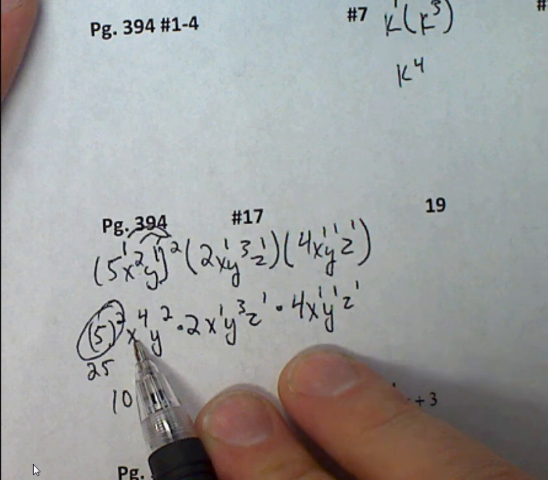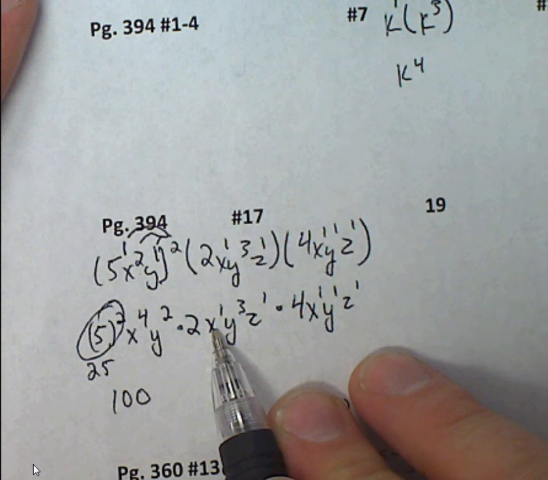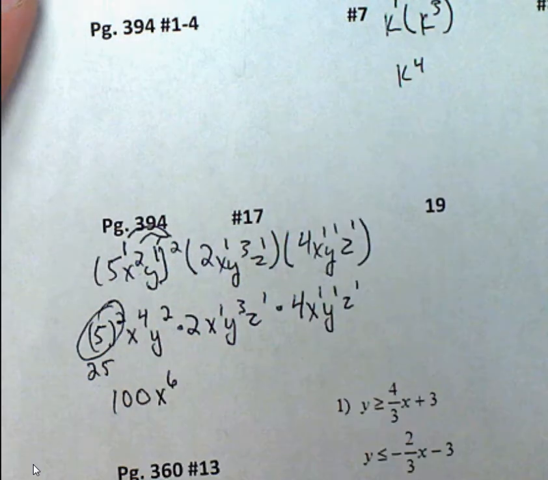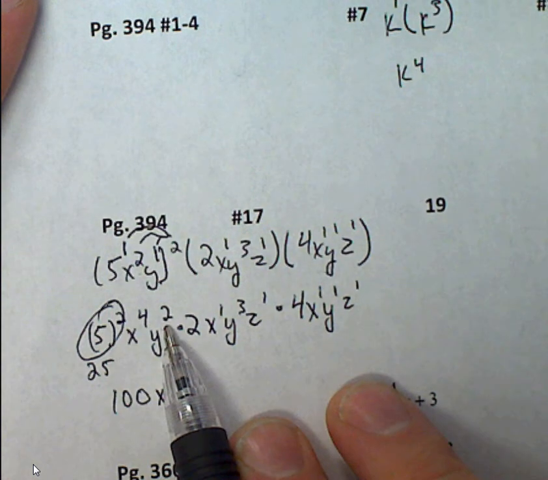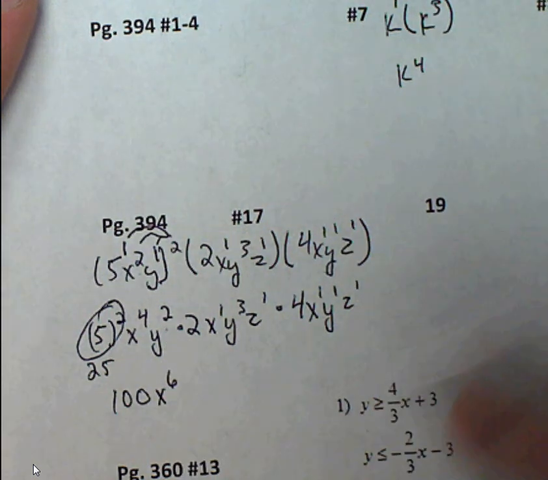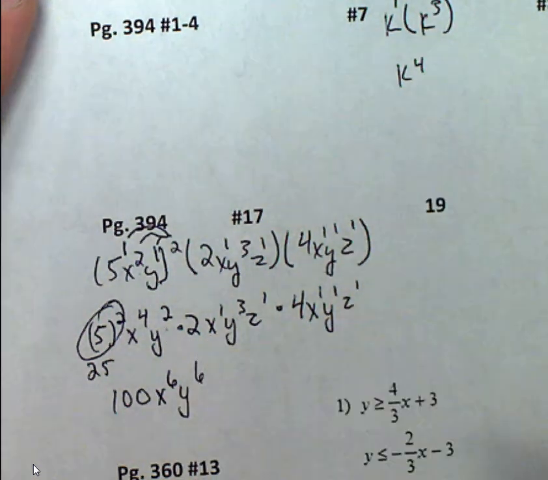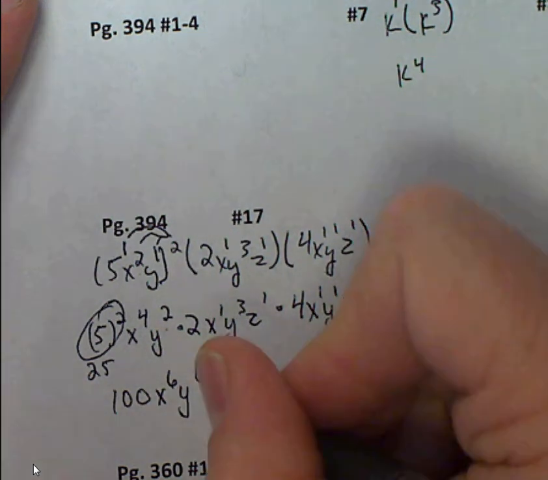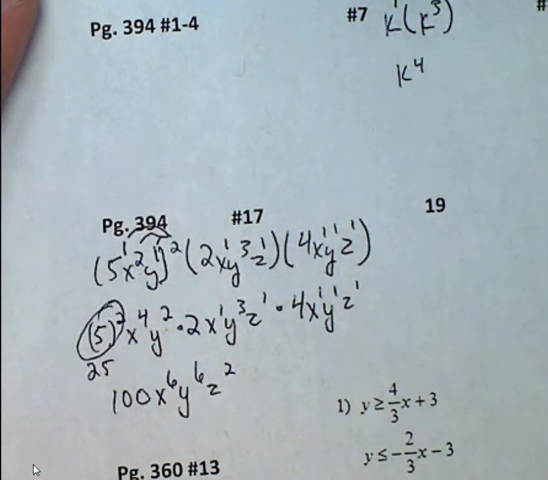I have 4 x's plus 1 would be 5 plus 1 would be 6. I have 2 y's plus 3 is 5 plus 1 is 6. I have 1 z plus another z, so 2 z's.